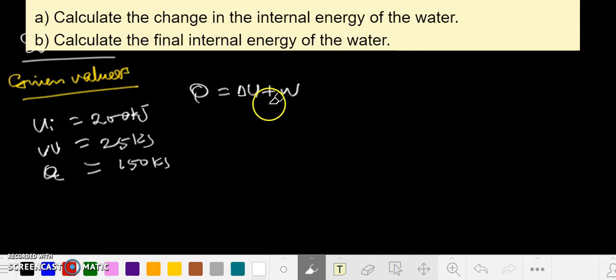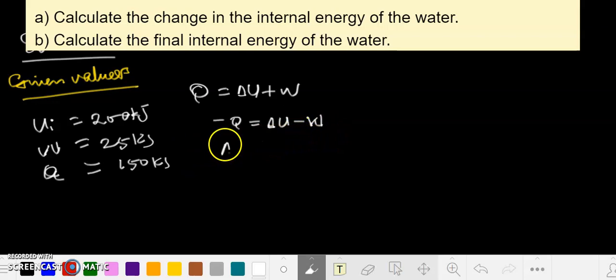And just in case you see negative, negative will imply that work is done on the system. But when work is done by the system, it is positive. But if work is done on the system, it will be negative. So as energy is lost, we will use the negative sign for Q as well. So the equation will become negative Q equals change in internal energy delta U minus W. Of course, we know that W is work done on the system.